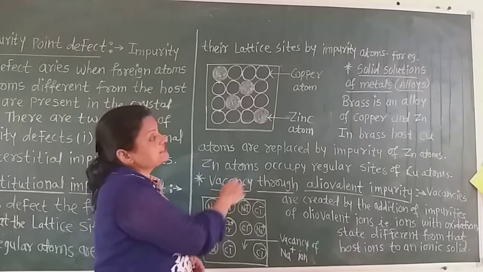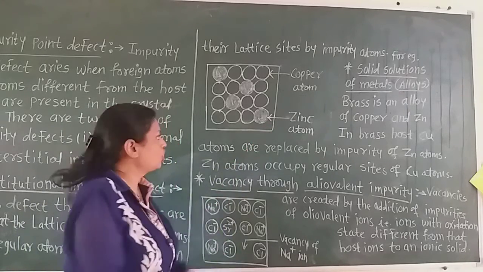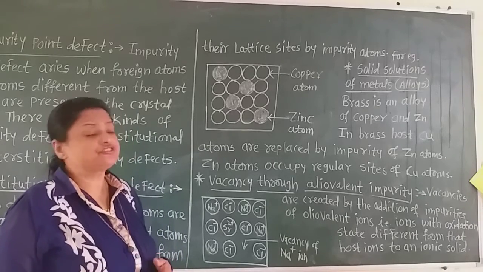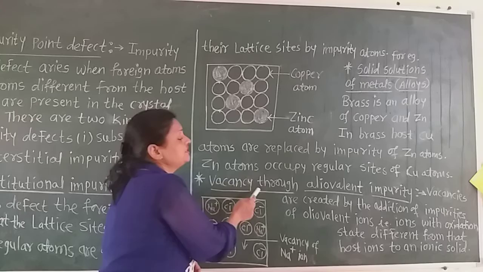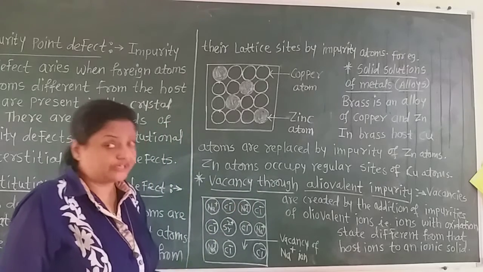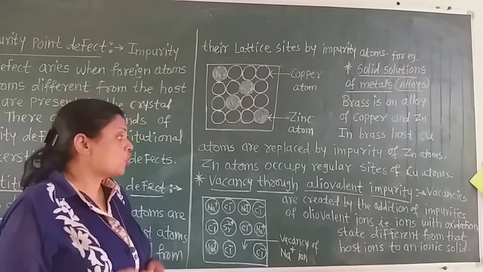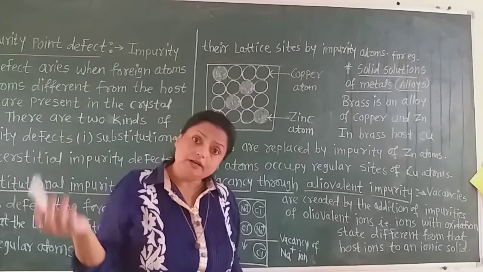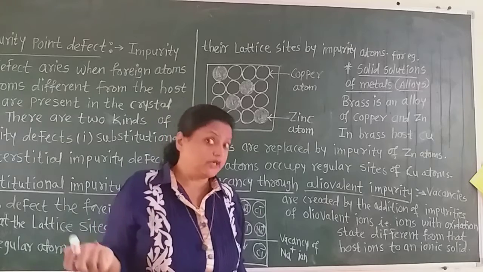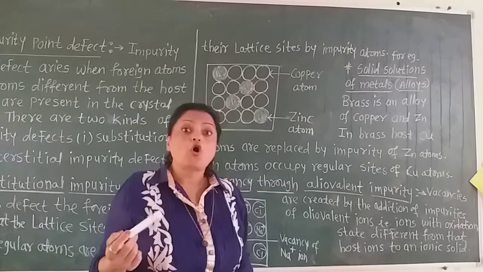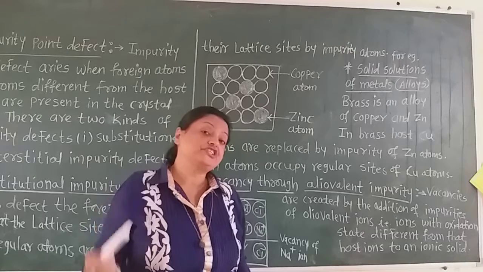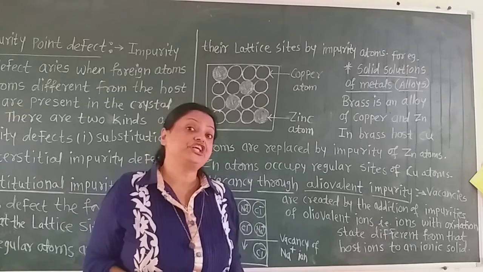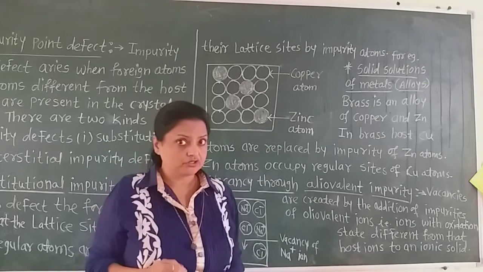The first is the solid solution of metal, that is the alloy. This is the substitutional impurity defect, and the second substitutional impurity defect is the vacancy through aliovalent impurity atoms. Aliovalent impurity atoms means the cations of another metal whose oxidation state is different from the oxidation state of the cations of the host metal.